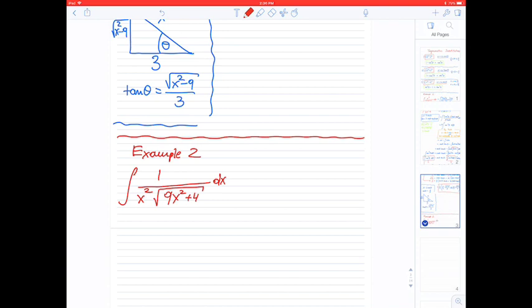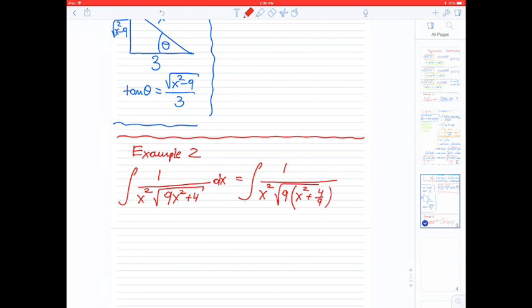Okay, that means we can see square root and x squared plus 4, 9x squared. I must say that 9 is not really a good number at the moment, because we really would like to see just 1 x squared plus the number. That means I will factor out 9, and this will give me x squared plus 4 over 9.